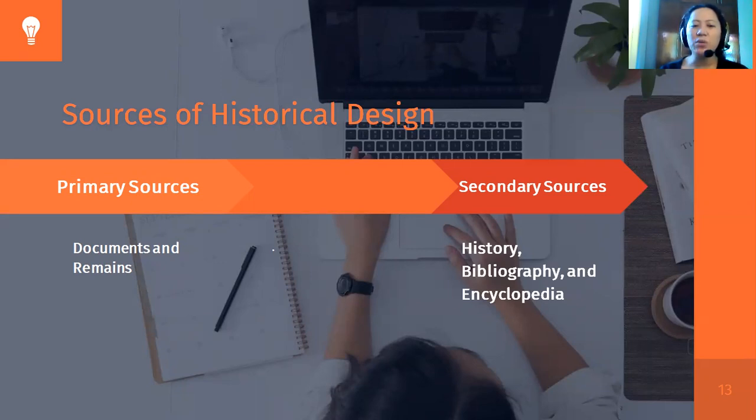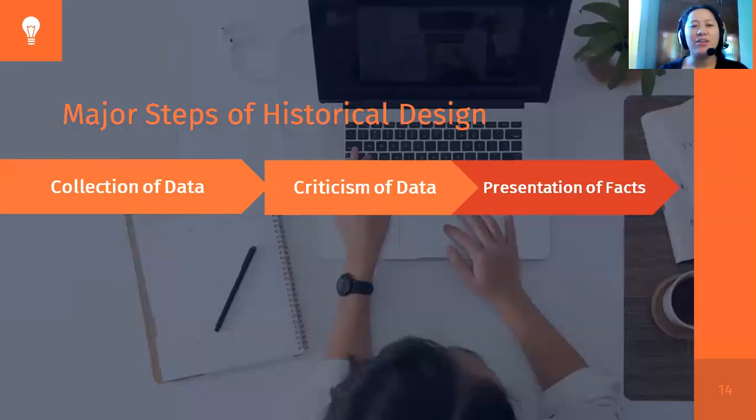Secondary sources refer to the history, the bibliography, the encyclopedia and other written sources.